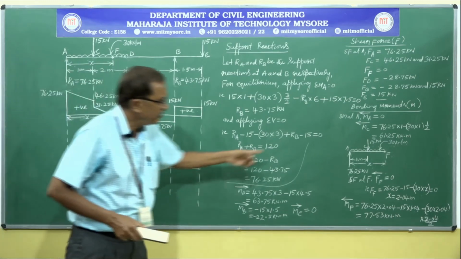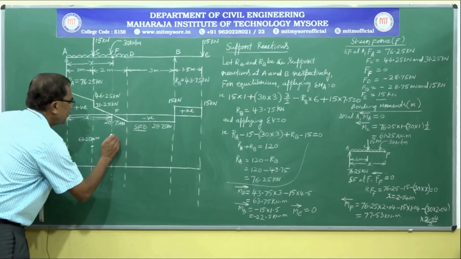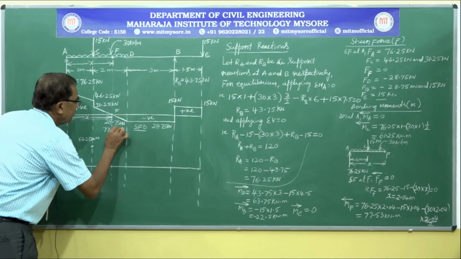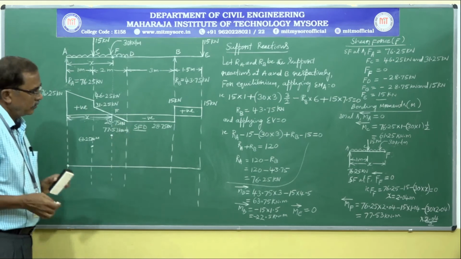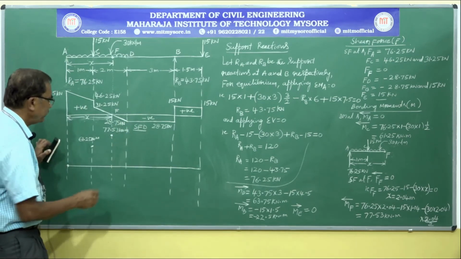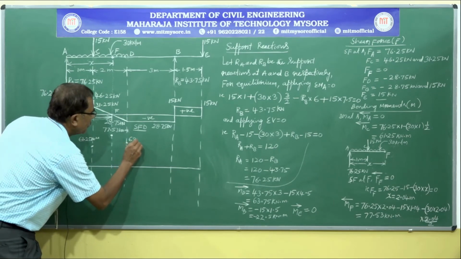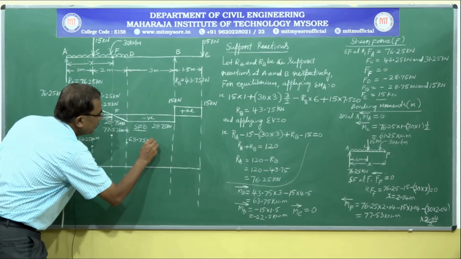Bending moment calculated at F is equal to 77.53 kilonewton meter. Then bending moment at point D is 63.75 kilonewton meter.